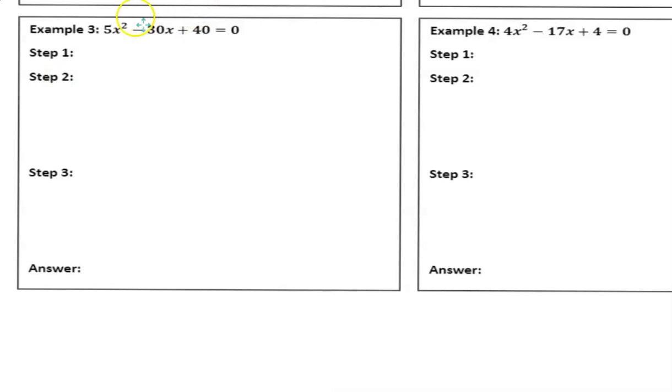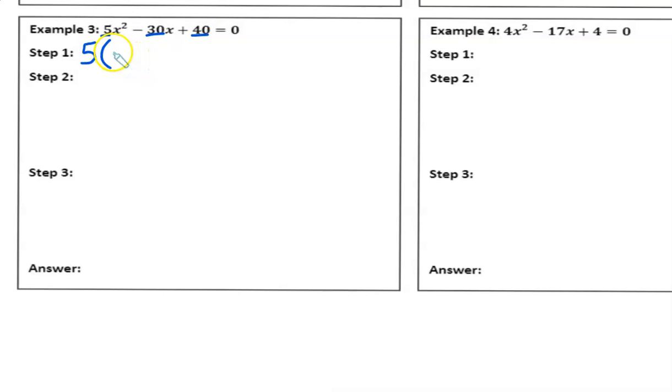And let's pick blue. Okay, step 1 is I need to take out a GCF. So I got a 5, a 30, a 40. Hey, I'm thinking everything can divide by 5. So let's pull out a 5. Look at the x's. I got 2 here, 1 here, none here. So since I have none, I can't pull any out. So just 5 would be my GCF.